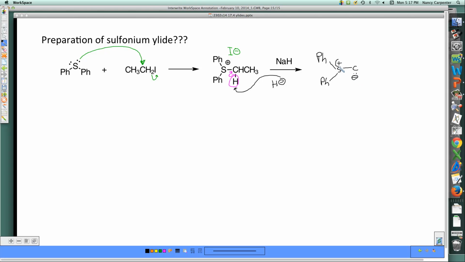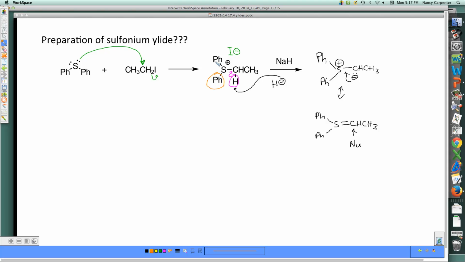And again, this is just one resonance contributor. If we slide those electrons up in there, we end up with this version. So, even written like this, remember, that guy is a nucleophile. I want to point out one other thing that's really kind of important and a little bit of a questionable aspect of your textbook.